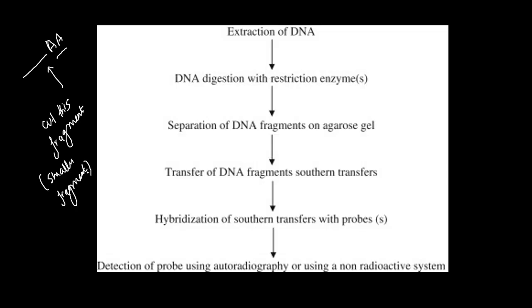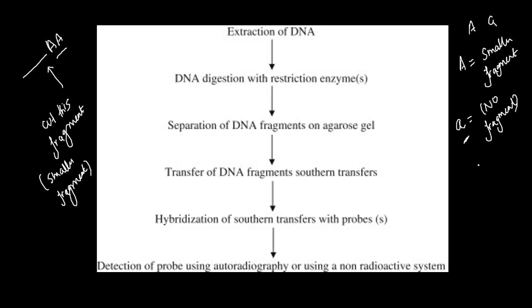Okay, if the individual is, let's say, capital A, small a, then in the case of A, it will give you a smaller fragment because the restriction enzyme will recognize this particular sequence. In the case of small a, because of any deletion or duplication, the restriction enzyme is not recognizing this sequence, so you will not get a cut fragment.